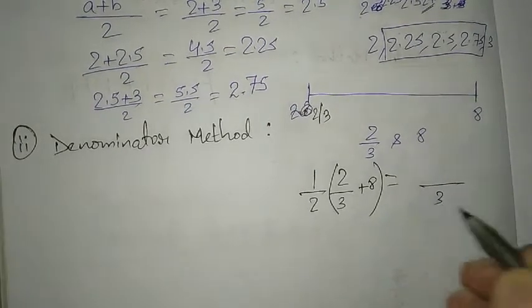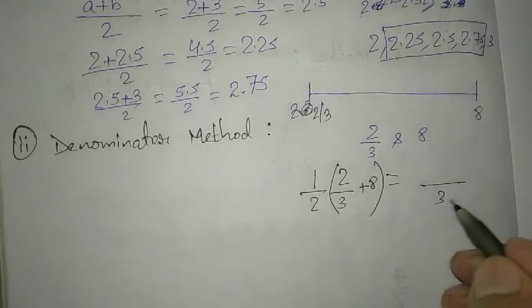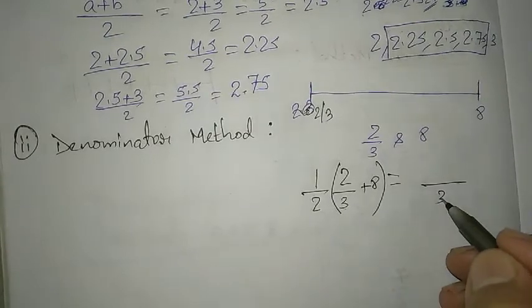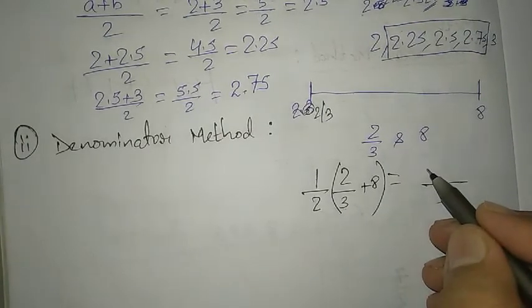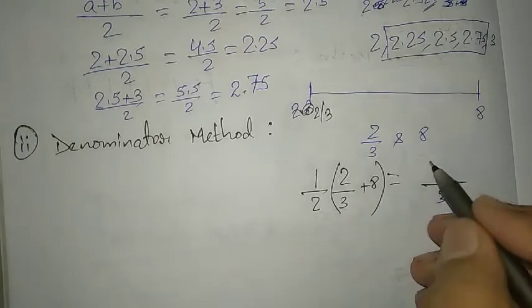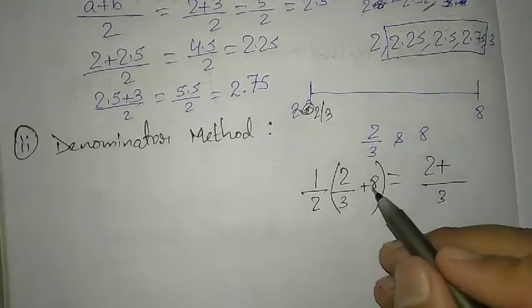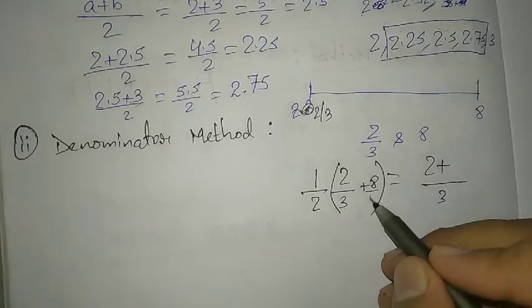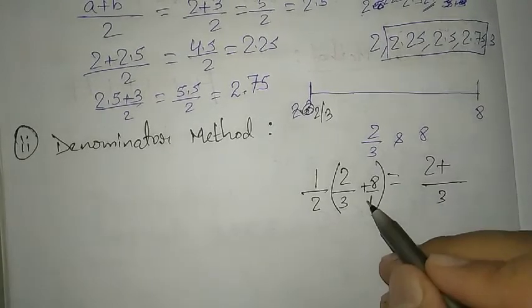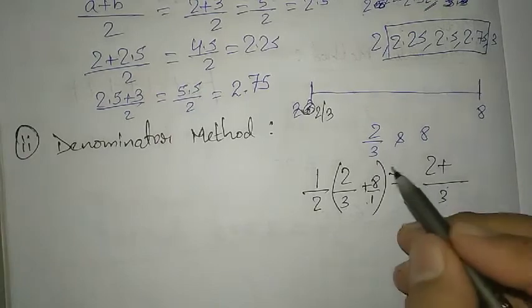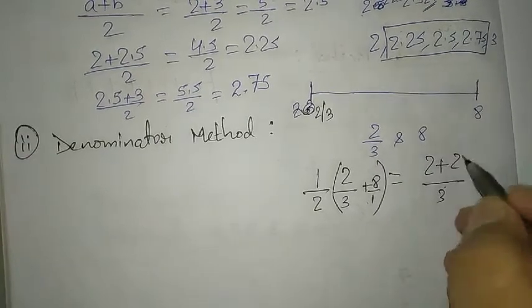The LCM being 3 here, and since 3 divided by 3 gives you 1, 1 into 2 gives you 2. I hope you know the process of LCM. Now here the denominator was 1, so 3 divided by 1 gives you 3. 3 into 8 gives you 24.